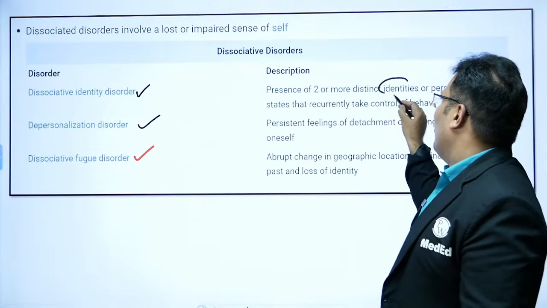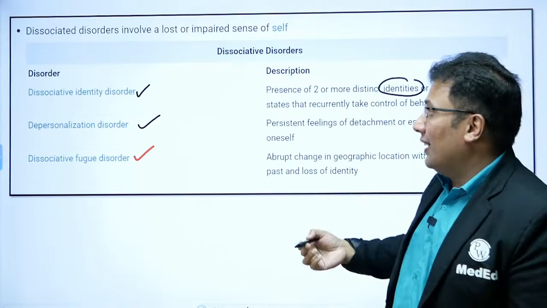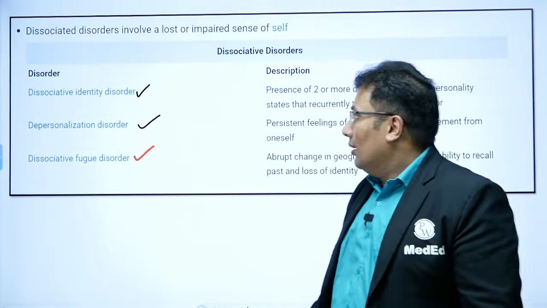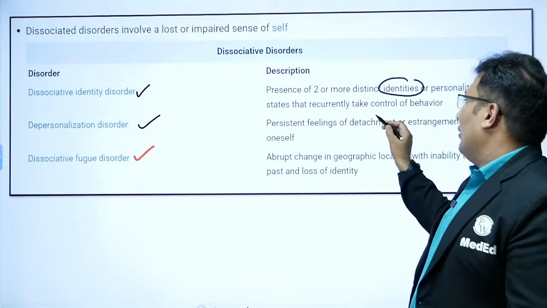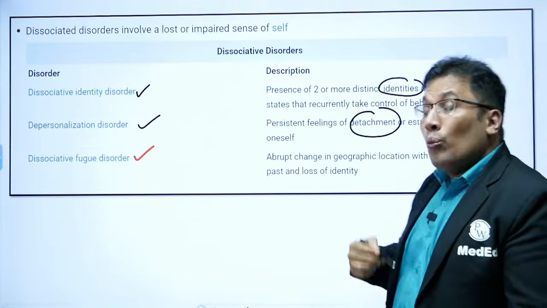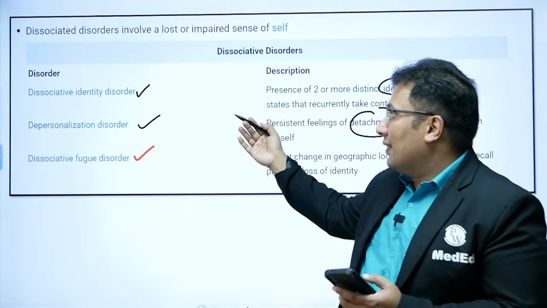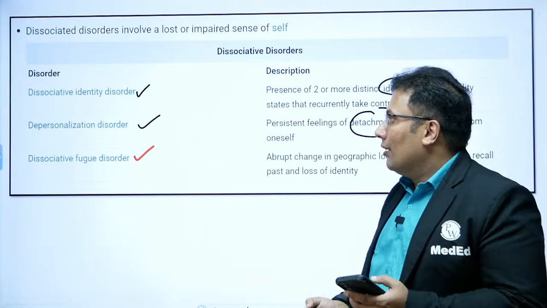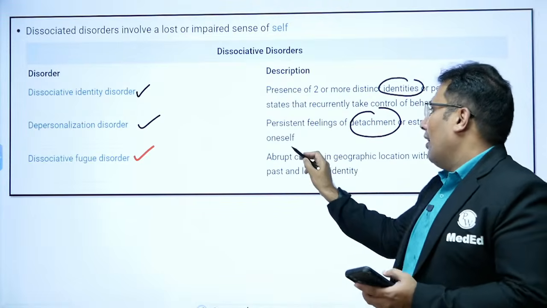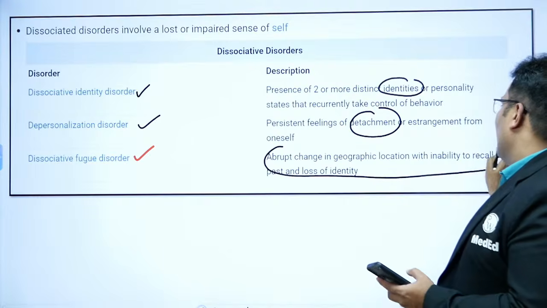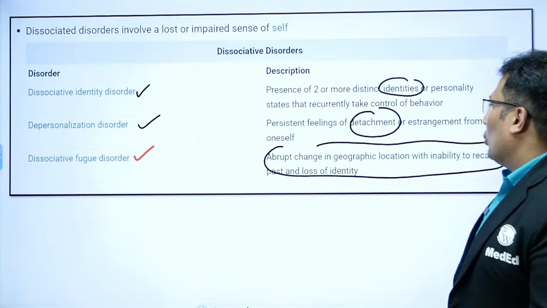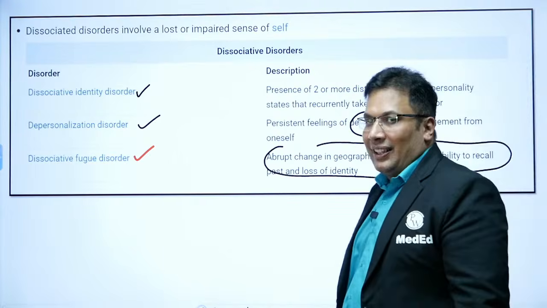So having two or more personalities is basically known as identity disorder. When there is a feeling of detachment from oneself, that is known as depersonalization disorder. Fugue means basically an abrupt change in geographic location with inability to recall the past and loss of identity.